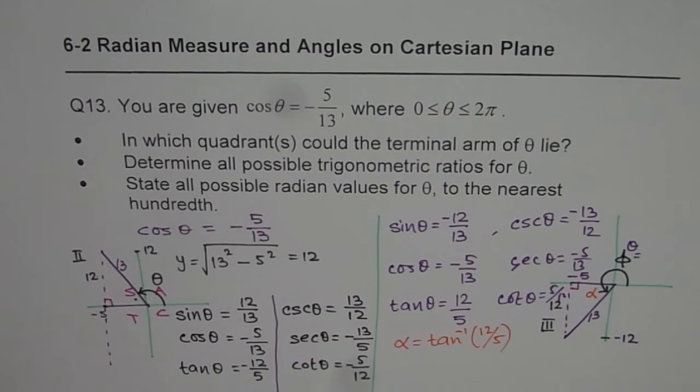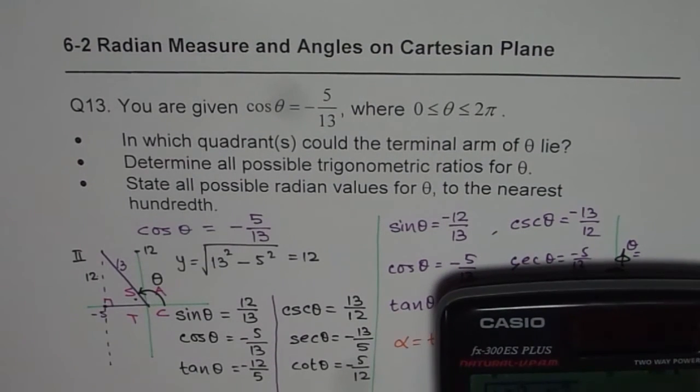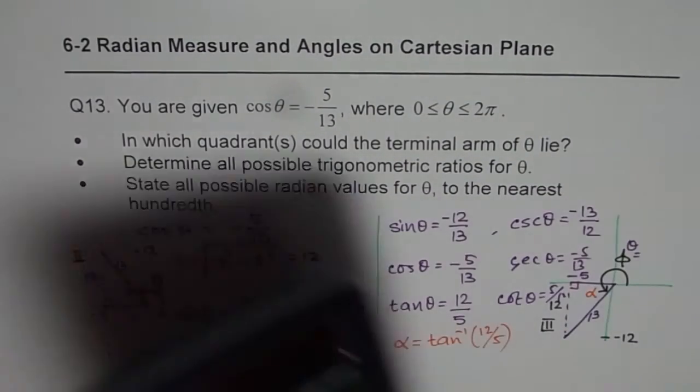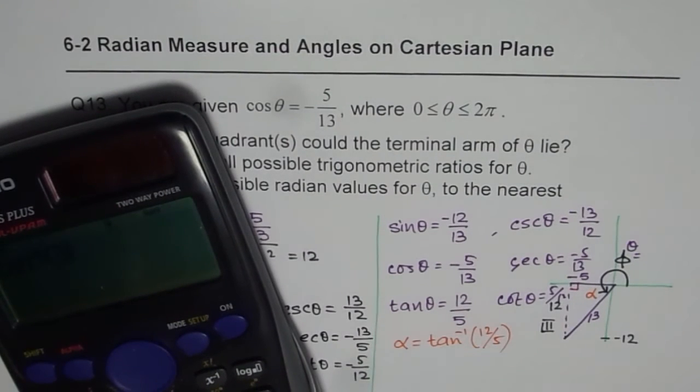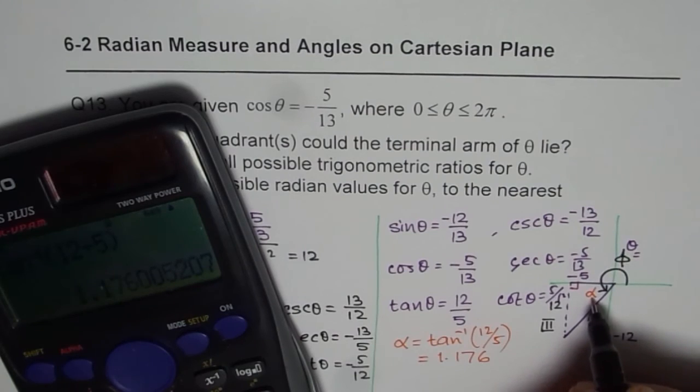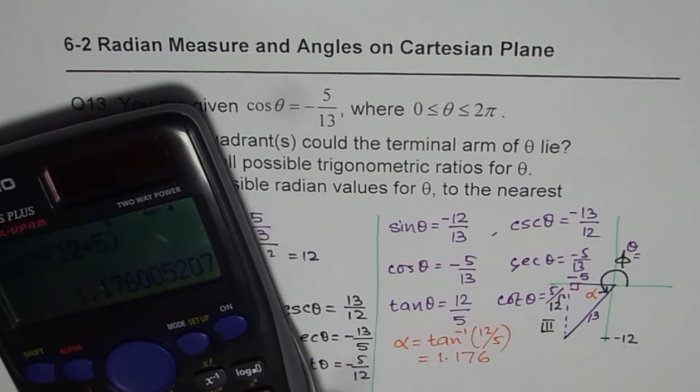We'll use a calculator: shift tan inverse, bracket 12 divided by 5, bracket close, gives me 1.176. So that is the acute angle, not the principal angle, right?